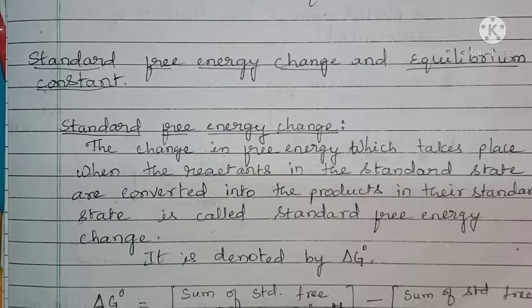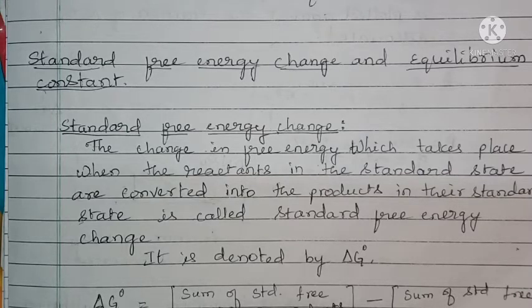In the last video, we came to know that the change in free energy predicts the spontaneity of a reaction. Any reaction which has a negative delta G value is spontaneous.